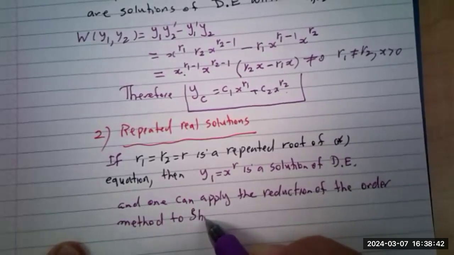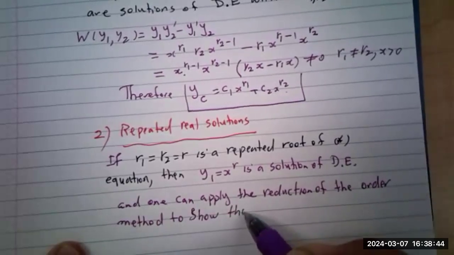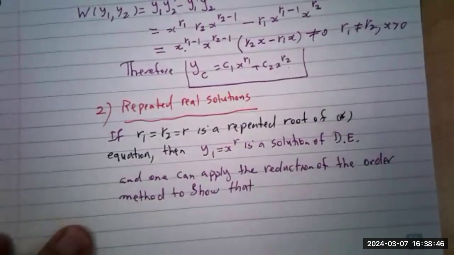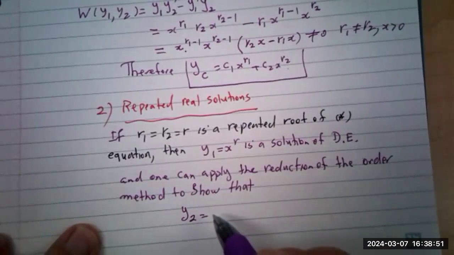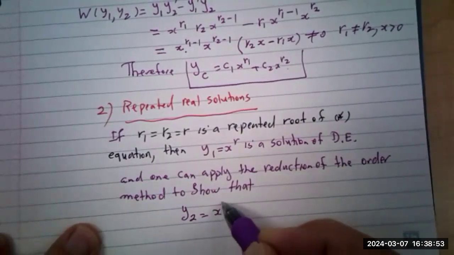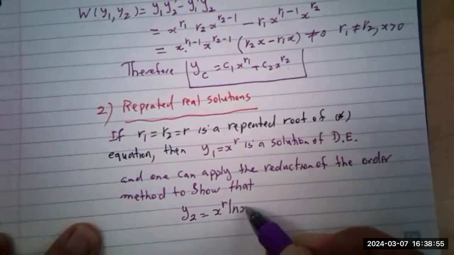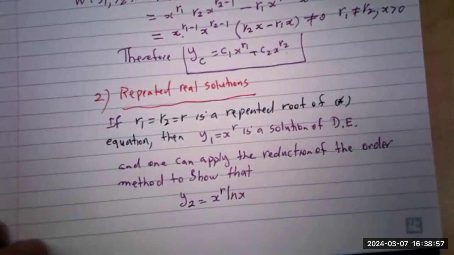Show that y2, the second solution, will be of this form: x to the r ln of x. Use that method. You know it was y1 times the integral of 1 over y1 squared times the integral of e to the negative px dx. If you do it, that gives you the second solution.